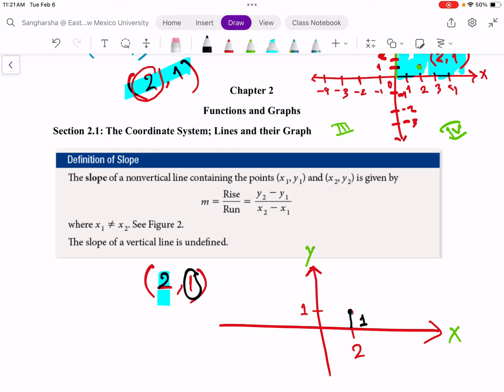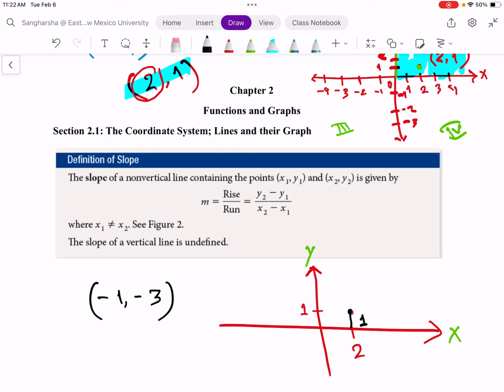Now let's try to plot points for different coordinates. Let's consider we have a point, let's say (-1, -3). So this is a point. Now what can we say about the point? How far is this point from the x-axis?